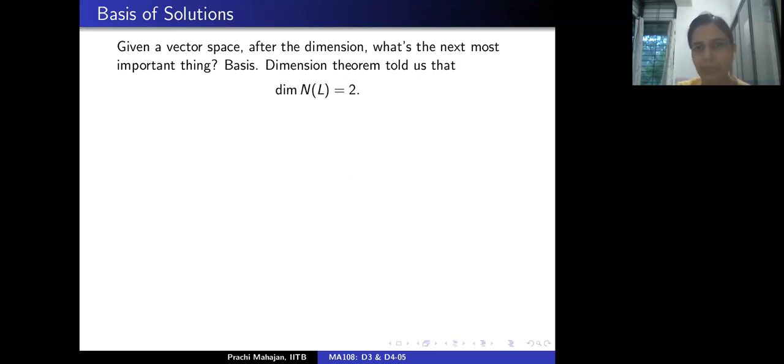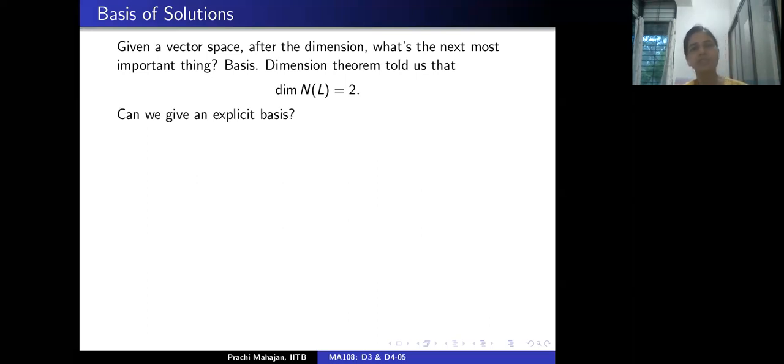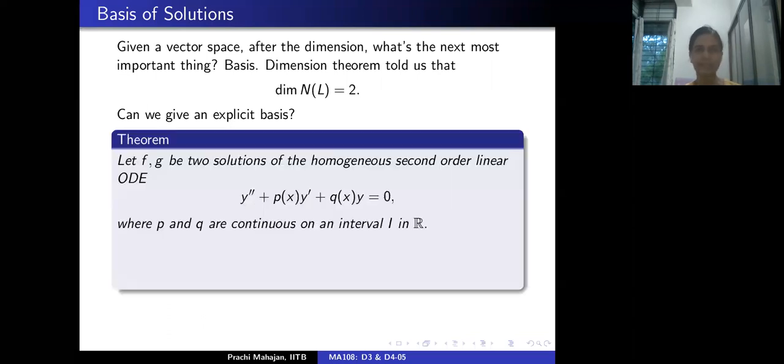You look at that null space, and the dimension of that null space is 2, right? So is it possible to find an explicit basis of the solution space, of this null space?